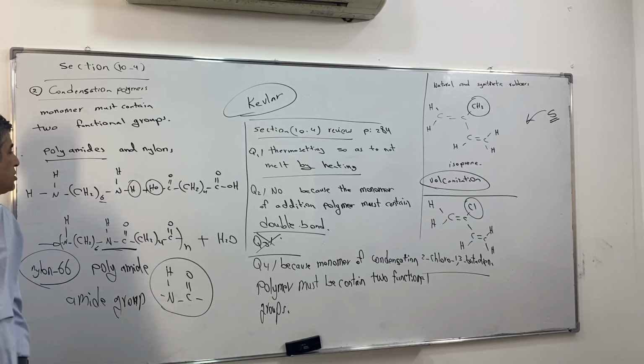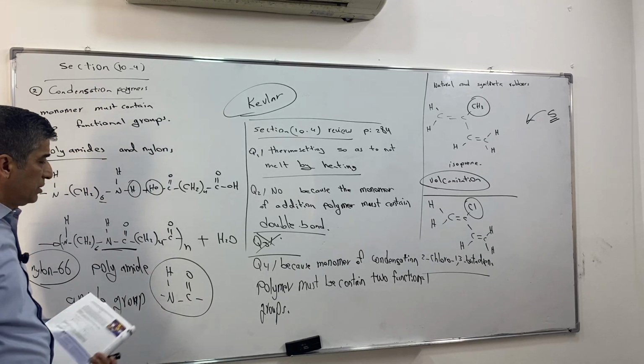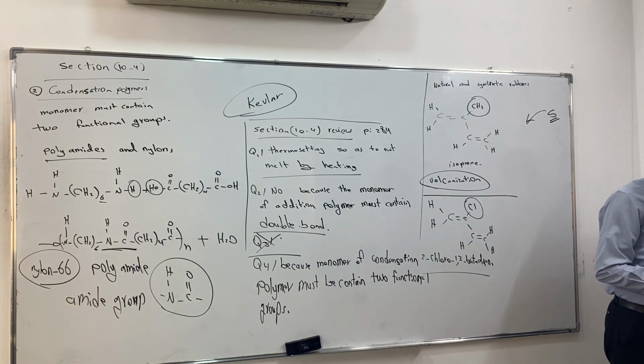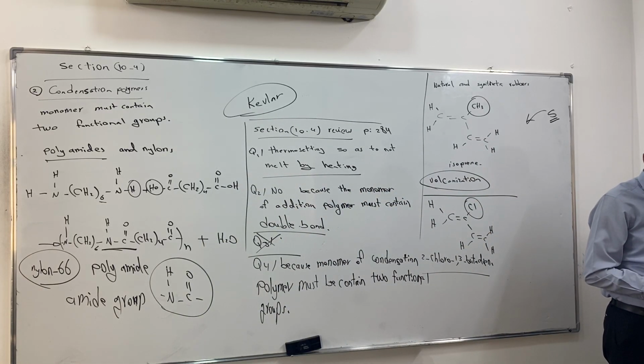Every monomer must contain two functional groups to be polymerized as a condensation polymer.